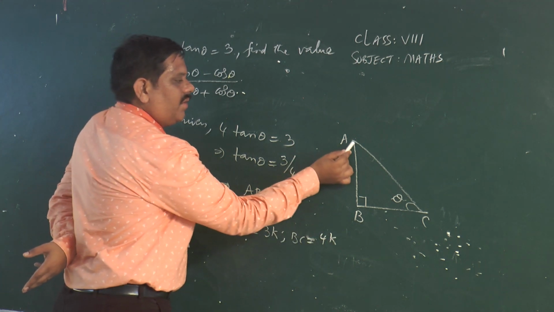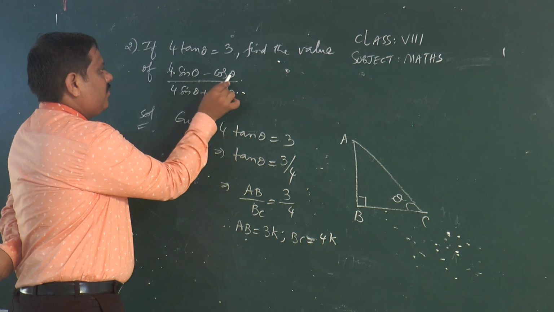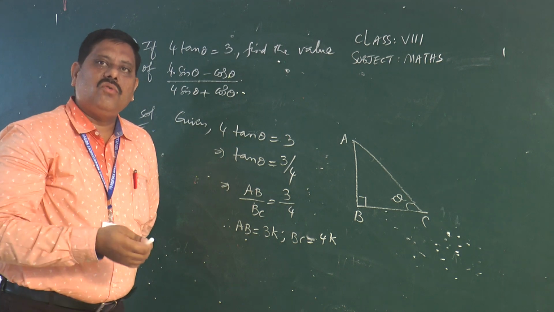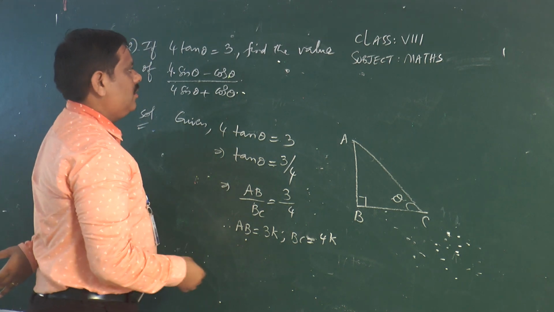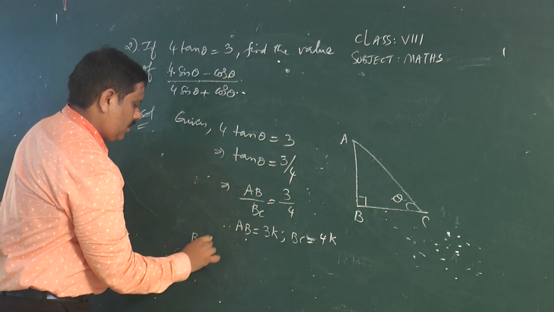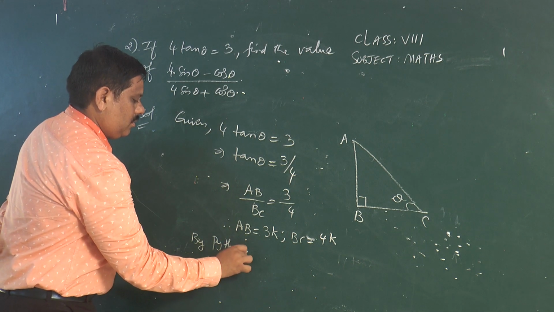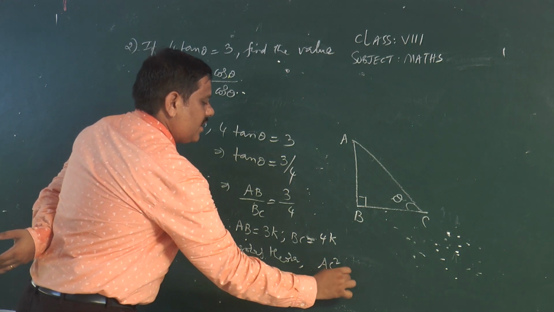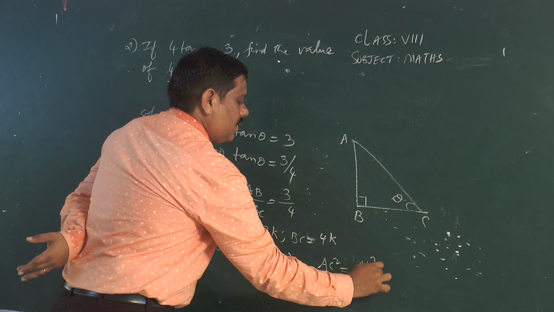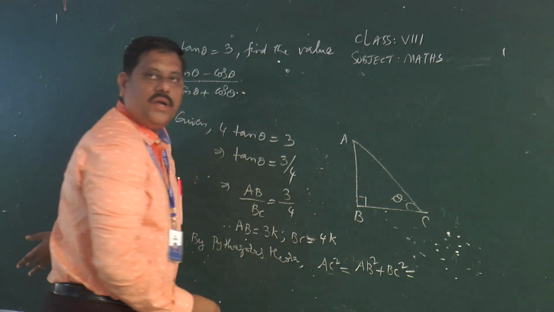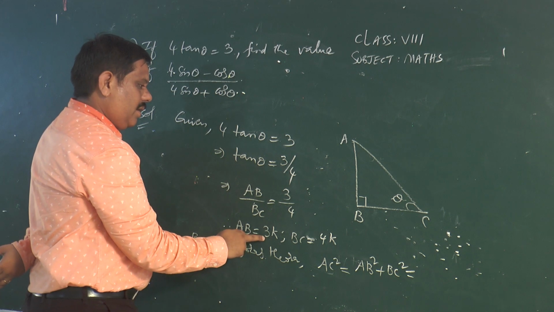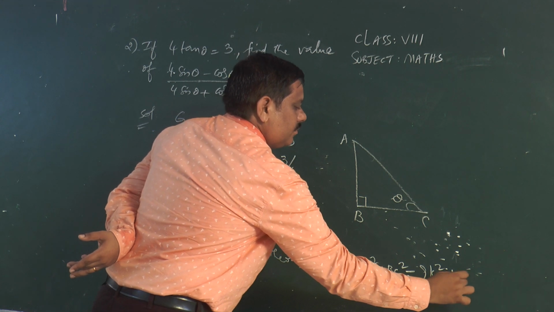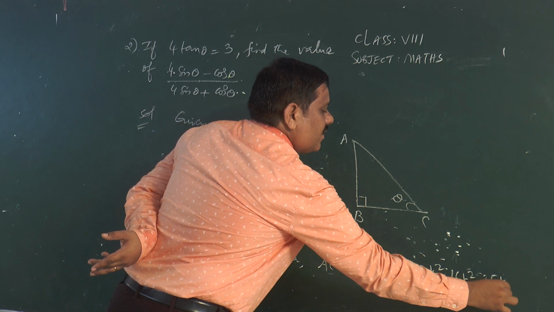Again, the same thing here, we need to know the value of AC as we have to find the values of cos theta and sin theta. So AC is mandatory, so we have to go for Pythagoras theorem again. By Pythagoras theorem, we have AC square is equal to AB square plus BC square. That is going to be 9k square plus 16k square, that is 25k square.